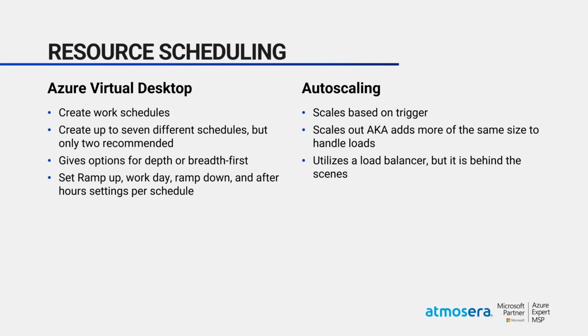Scaling out adds more of the same size to handle the load. So if I have an app service plan that is a 4 CPU plan, it will then add another 4 CPU plan. Autoscaling does utilize a load balancer to do this, but that's behind the scenes. You don't ever see this.